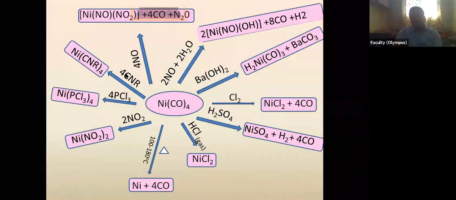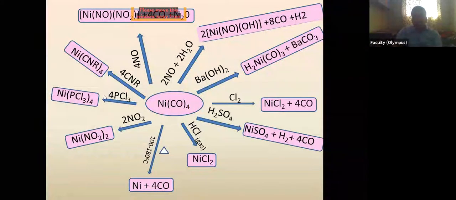Then it is the reaction with CNR. This CNR is also a ligand, carbonyl is also a ligand. So when nickel tetracarbonyl reacts with CNR, all four carbonyl ligands get replaced by the CNR ligand and we get this type of complex.